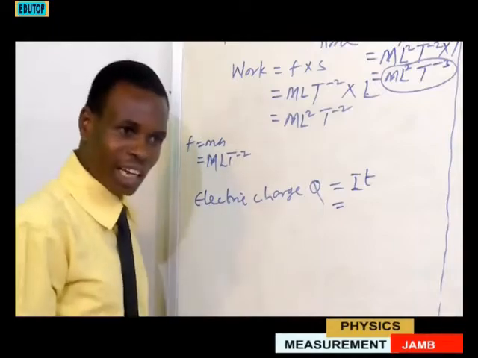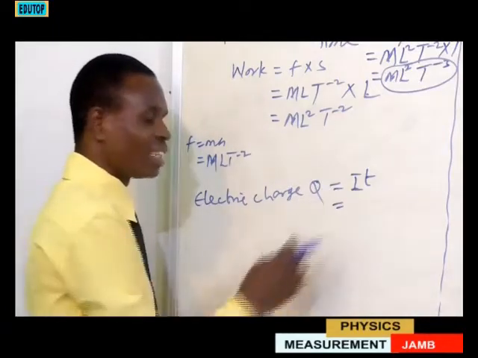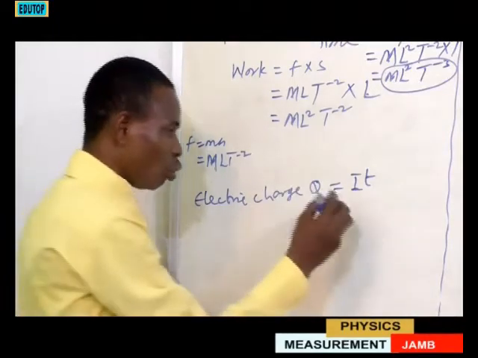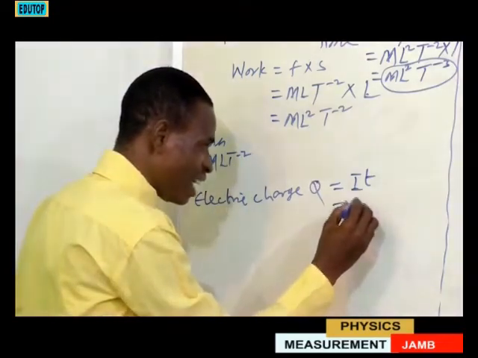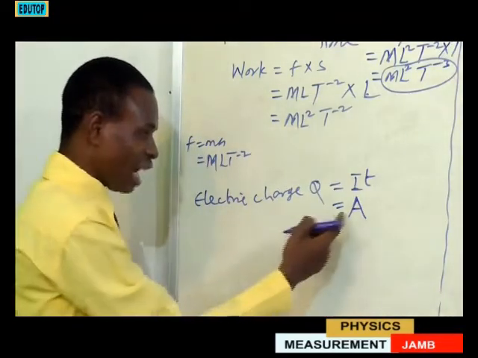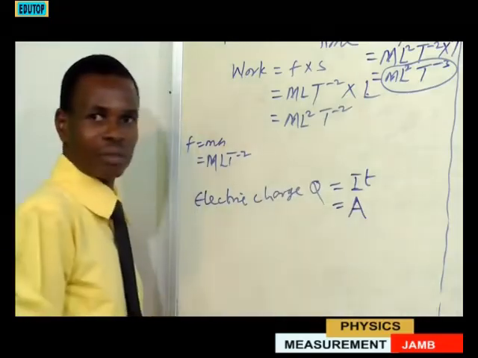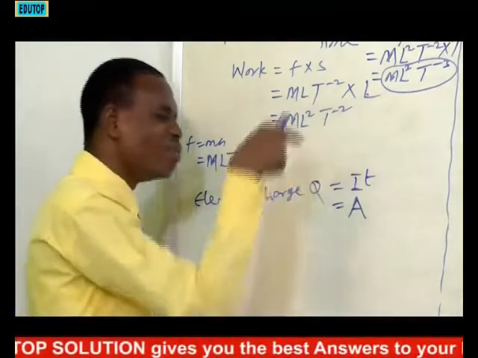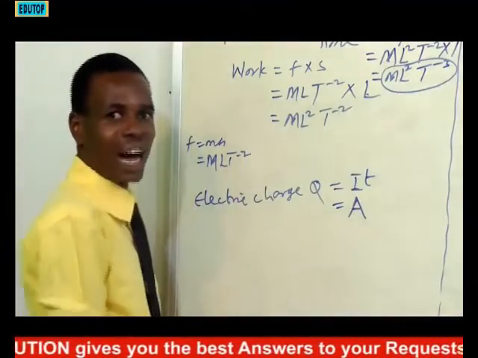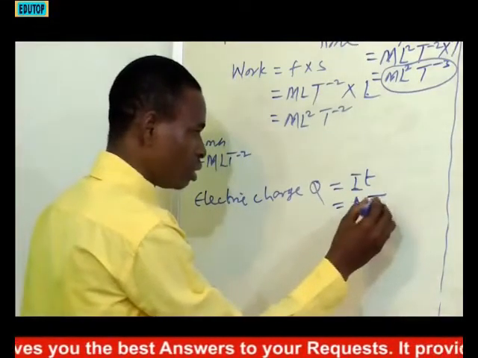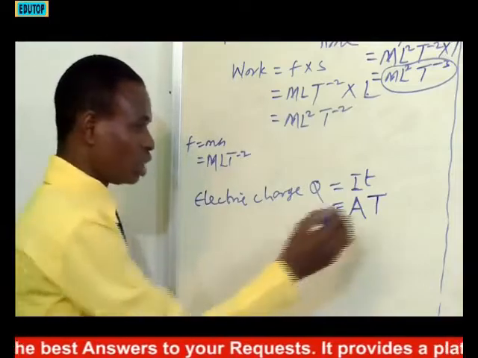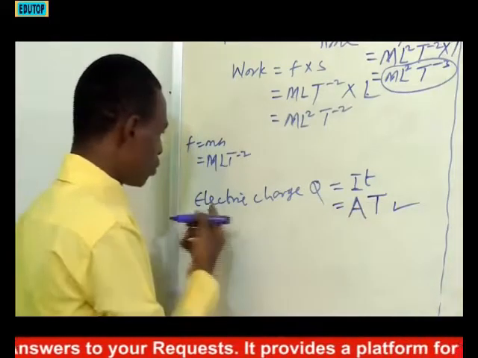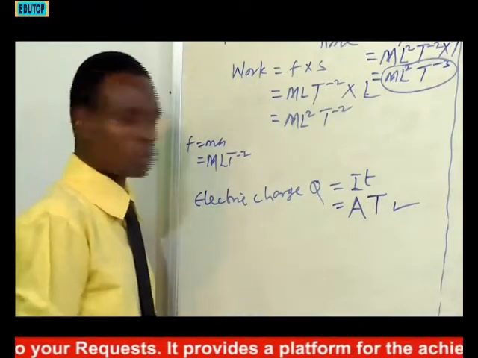Once you write a capital A, that is the dimension of current I. Please take note of this. Capital A is the dimension of current I. T, your normal capital T. So this is the dimension of electric charge.